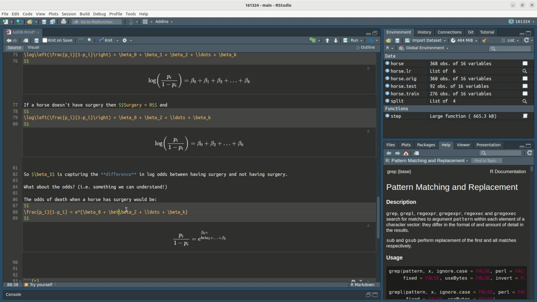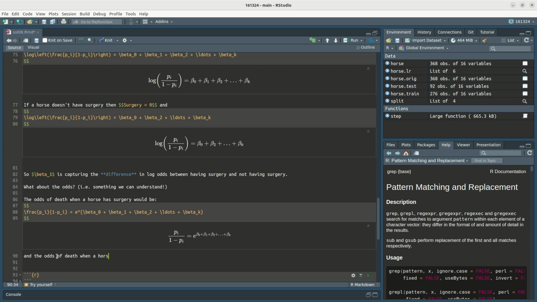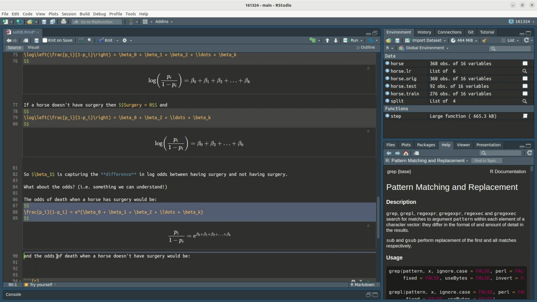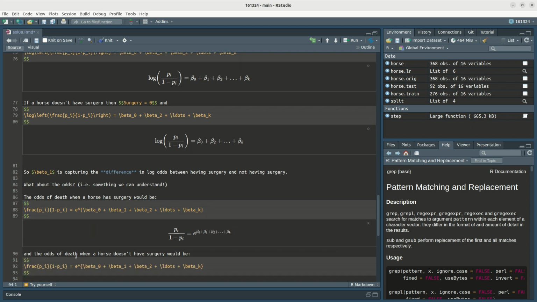We're going to have a beta 1 in there. And the odds of death when a horse doesn't have surgery would be the same thing, but this time without the beta 1, right? Same thing, but without the beta 1.